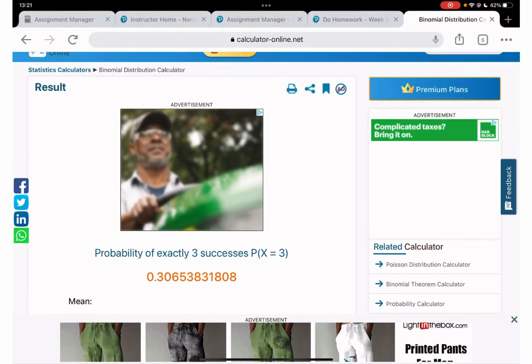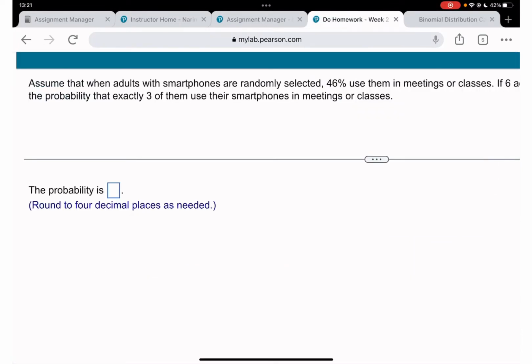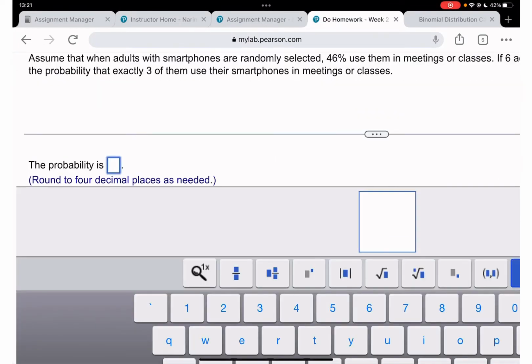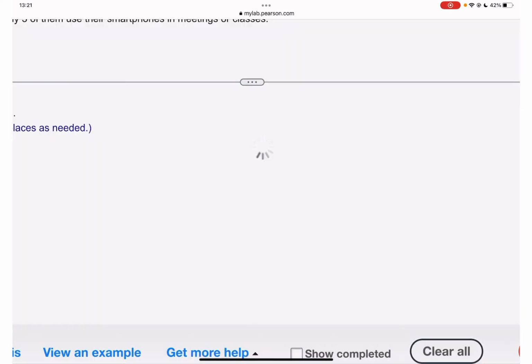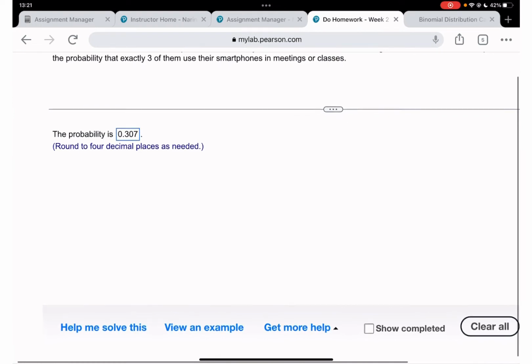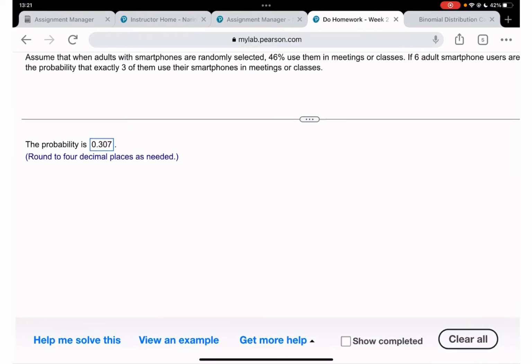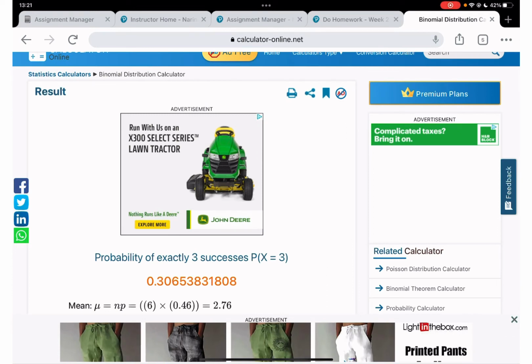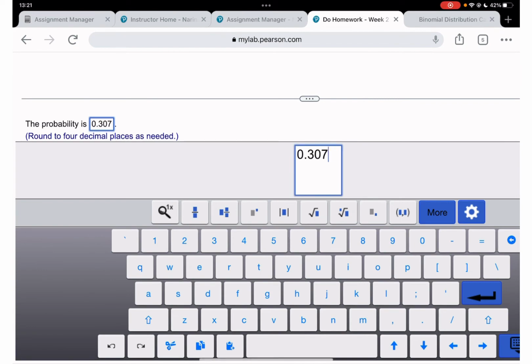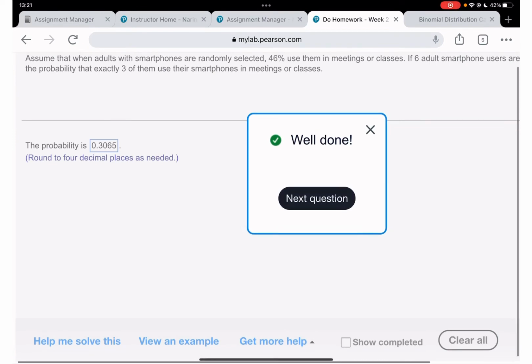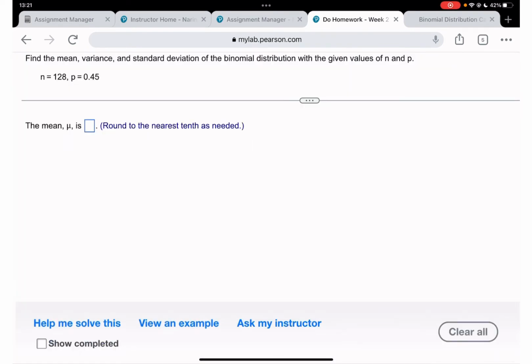Hmm, how is it wrong? Round decimal to 4 decimals. Okay, 4 decimals: 0.3065. Okay, very good. Next one.